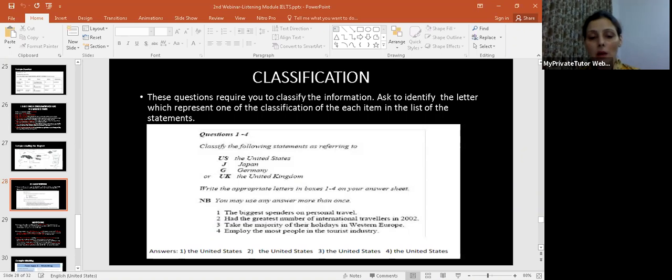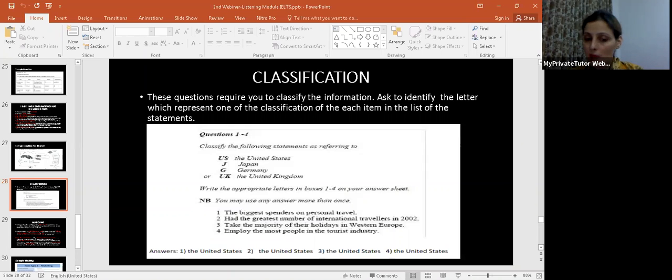Classify the statement. The same option can be applied to all of them also. It is up to you and your recording, what you were hearing in the recording. The biggest spenders on personal travel, the countries' names are given to you by initials, USJ. Okay, we got an idea roughly in our mind.